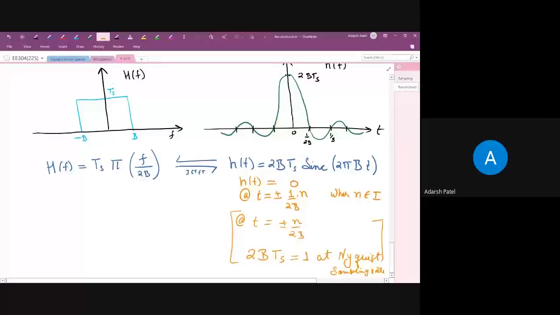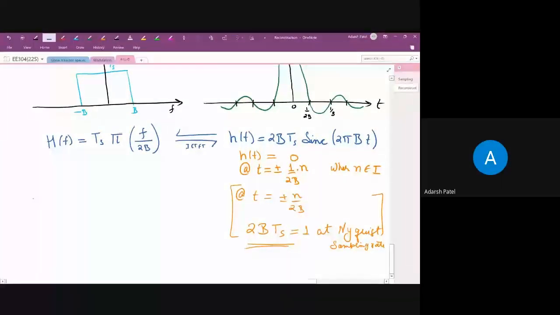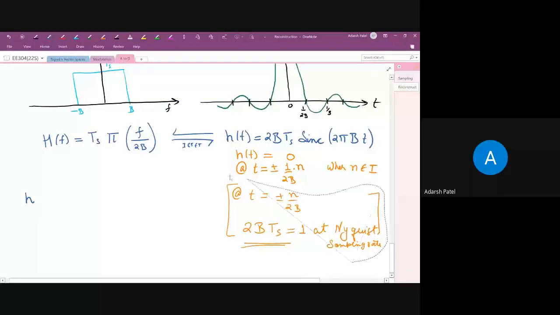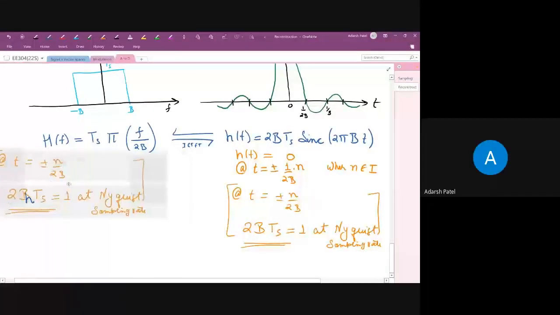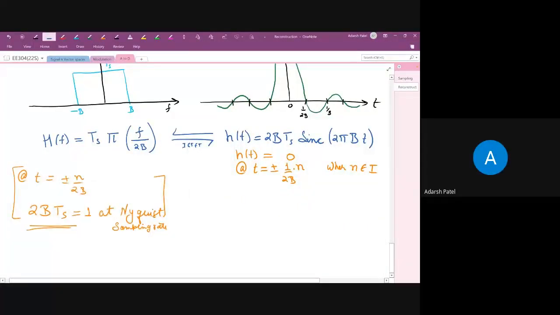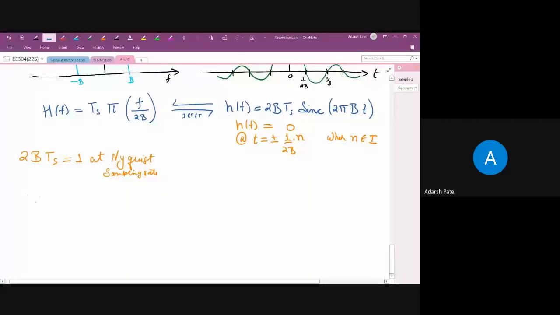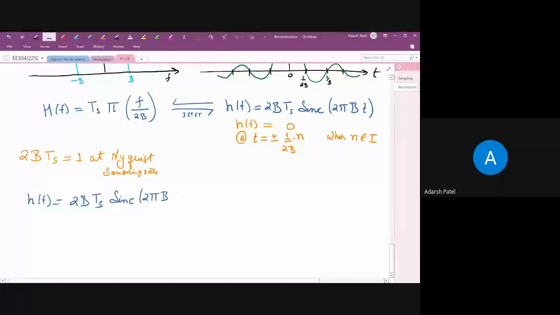So h(t), if we assume this is happening at the Nyquist sampling rate, so 2bTs is equal to 1, and we have h(t) given as 2bTs sinc of 2 pi b t.